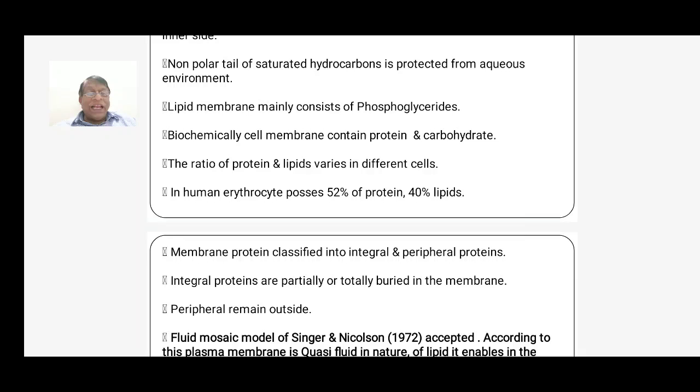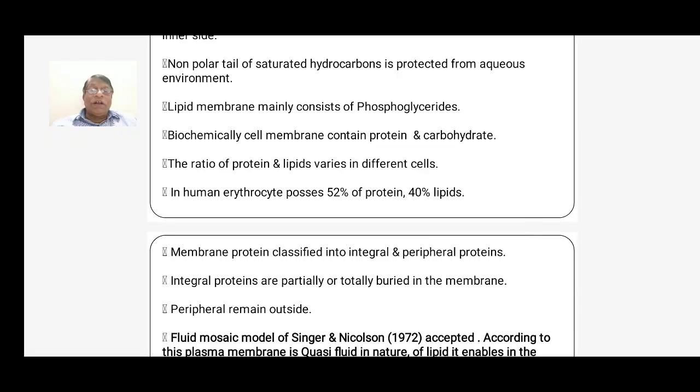Some of them are partially buried, a little inside the membrane and a little outside. Other types also there. Some of them are peripheral. Peripheral means they remain outside.